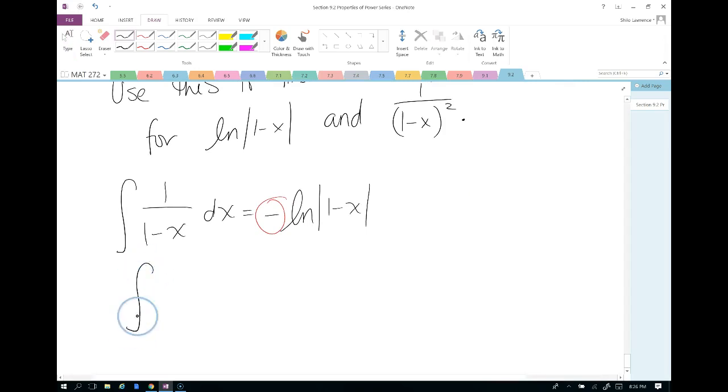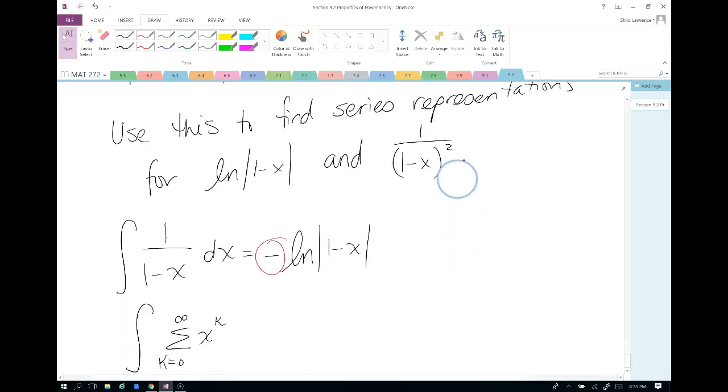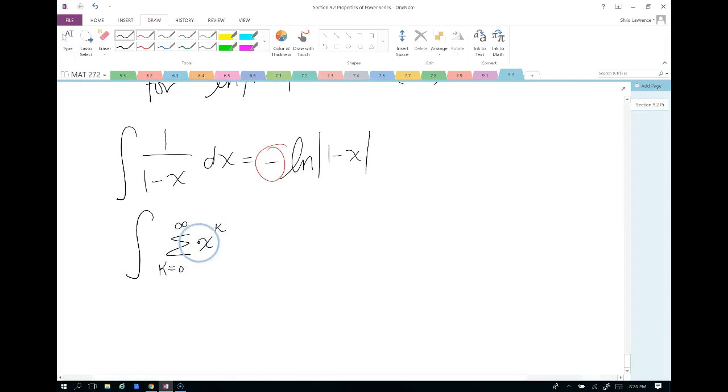So if we integrate the sum from 0 to infinity of x to the k, it's actually going to be really simple, because every single one of these terms, remember, is just a power of x. So even without having all of them written out, we know that every single one of them is going to involve the power rule.